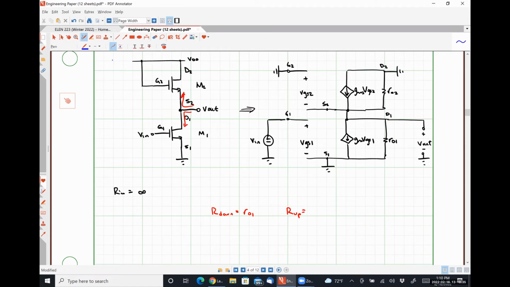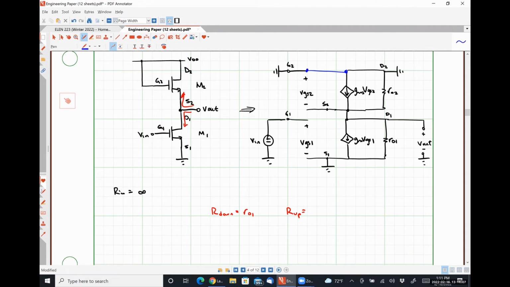Since the gate 2 or G2 node is at ground and the D2 node is at ground, I can connect these two nodes together with a short circuit without losing any information whatsoever, right? So we can easily see then that the voltage drop over this element is VGS2. Now that's actually pretty convenient for us, okay? Let me explain what I mean there.